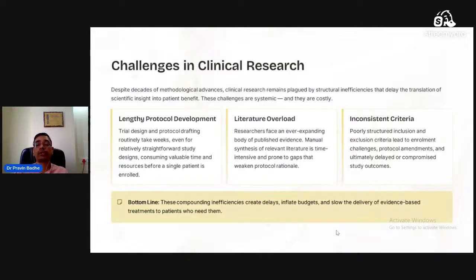And poorly structured inclusion and exclusion criteria can actually lead to difficulty in enrollment. There will be challenges to involve the participants in the clinical trial. Then it is also difficult to amend the protocols, and there will be delays and chances of compromised study outcome.